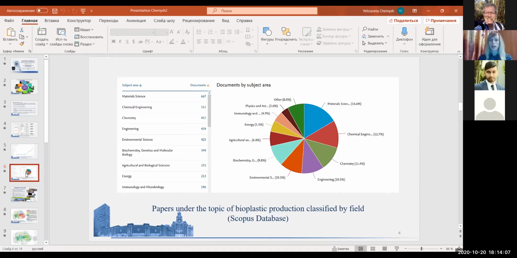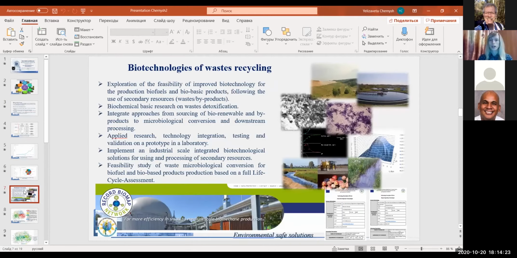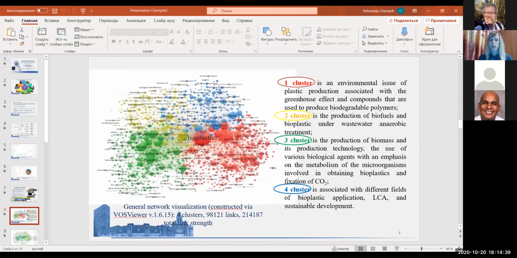So it's an interdisciplinary approach that includes different opportunities, technological processes and applications of biopolymers. And now, of course, biotechnology of waste recycling includes a lot of types of biochemical processes, and research is conducted using different sources for growth and technological production of biopolymers.